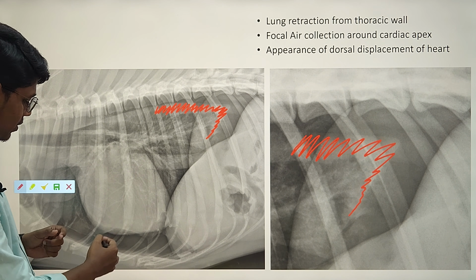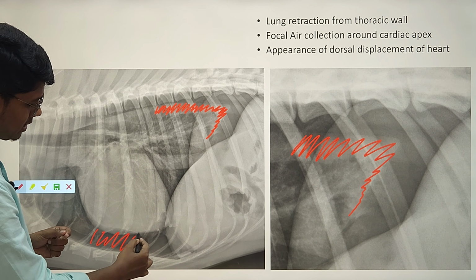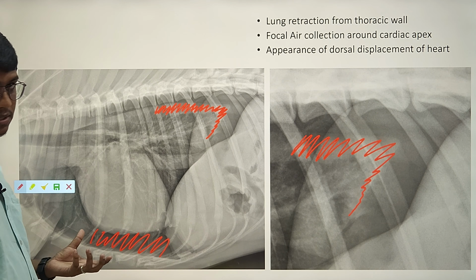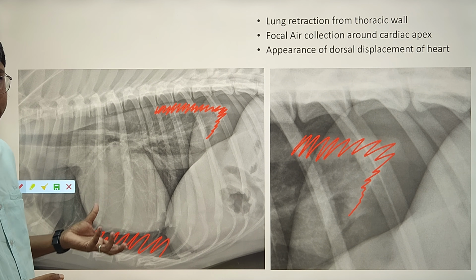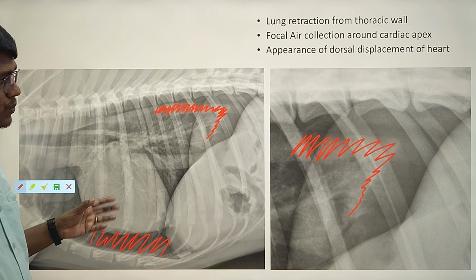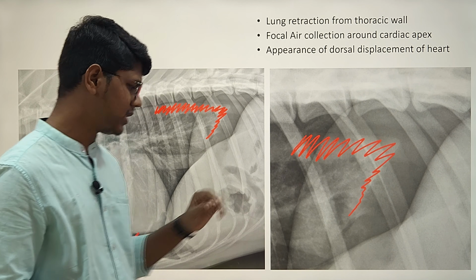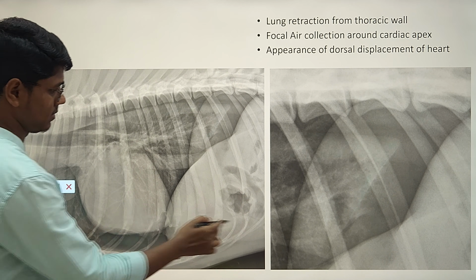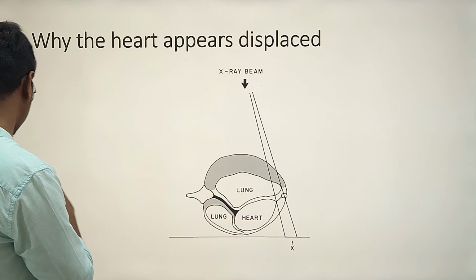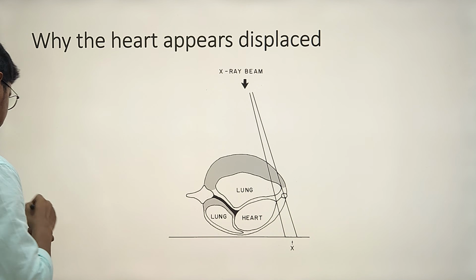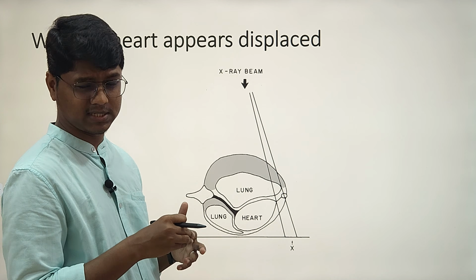And the other thing I told you, collection of air around the heart base, which appears like the heart has been dorsally displaced. So this is basically the pneumothorax. And one more thing, why does the heart look displaced? Is it actually displaced?